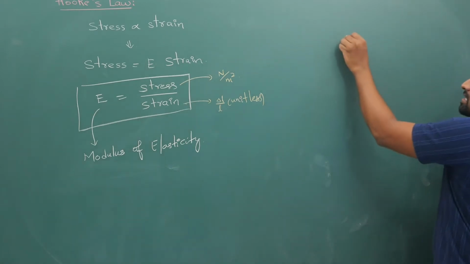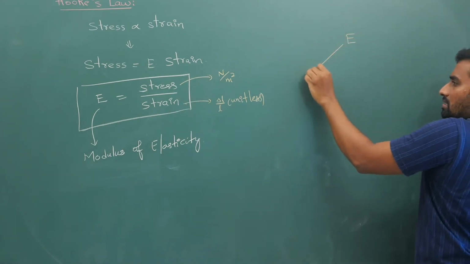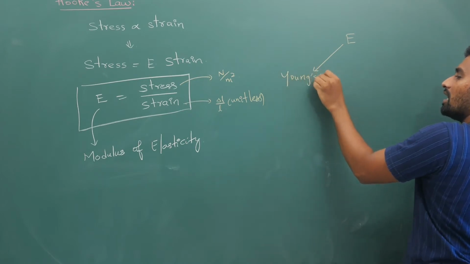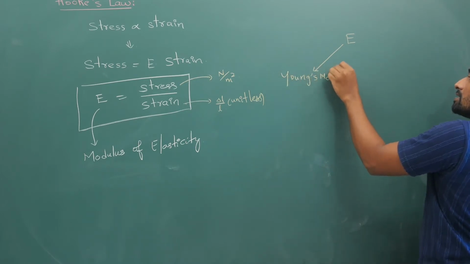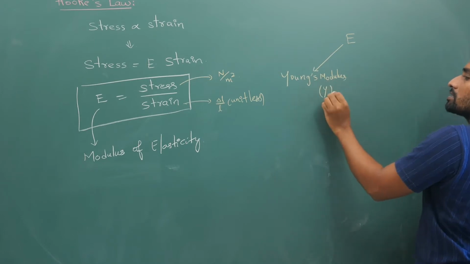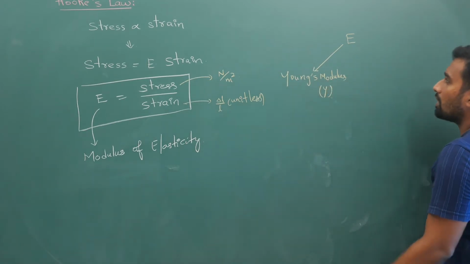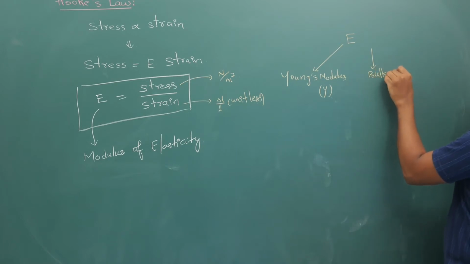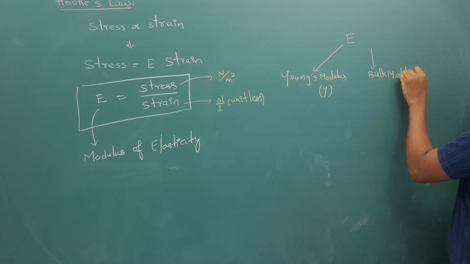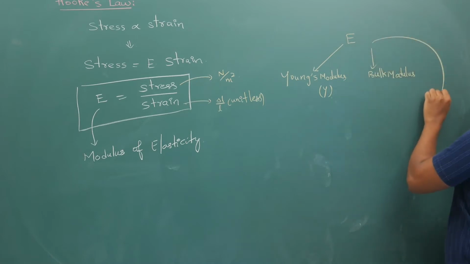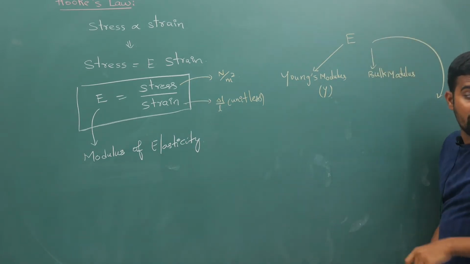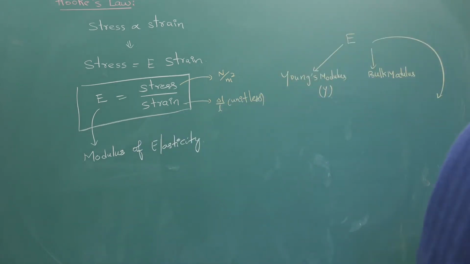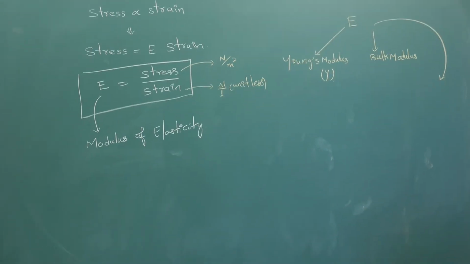Now this E will be Young's modulus Y in a particular case. We will call it Young's modulus, mostly defined for solids, and we will also call this E the bulk modulus, depending upon the state in which it is present, mostly defined for liquids.